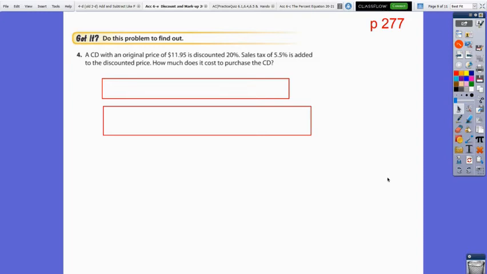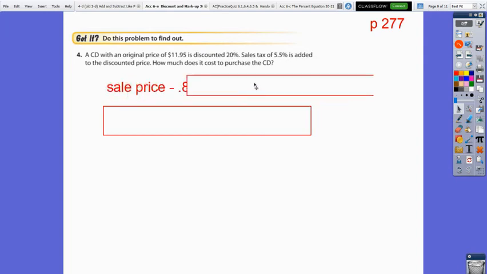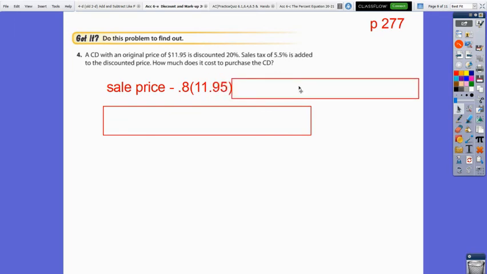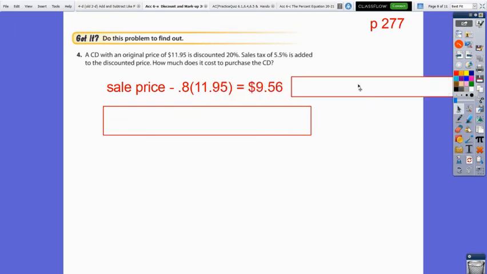So the first step is to calculate the sale price. If you're discounting 20%, then you are going to pay 80%. Okay, so the sale price is 80% of $11.95. That's $9.56.